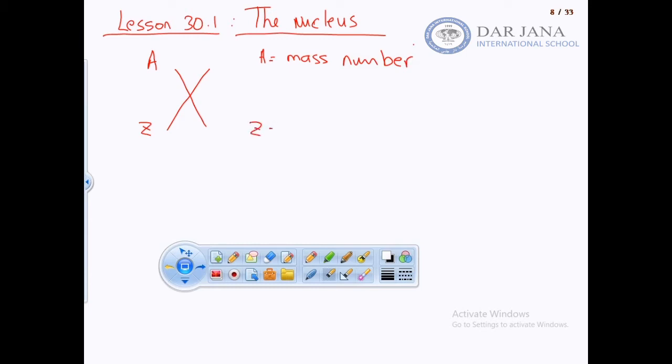Z is called the atomic number, or it is the number of protons inside the nucleus.